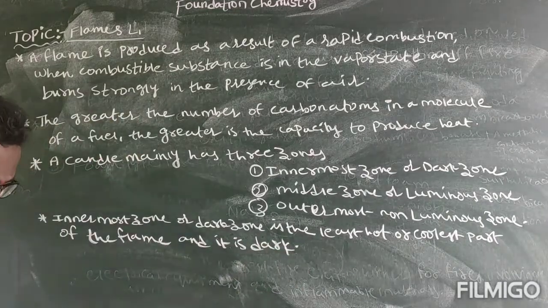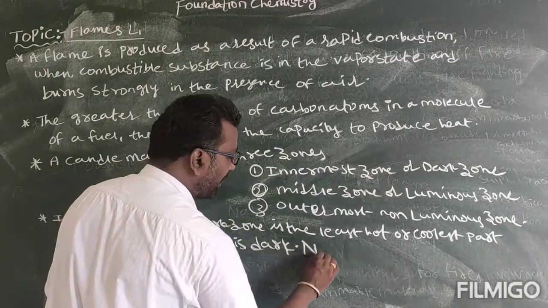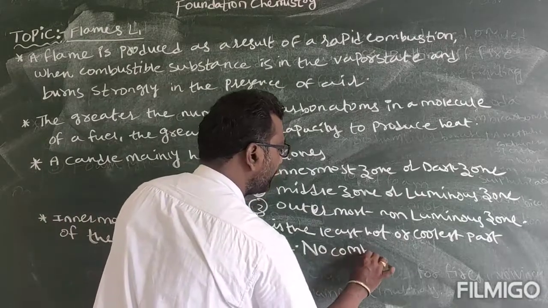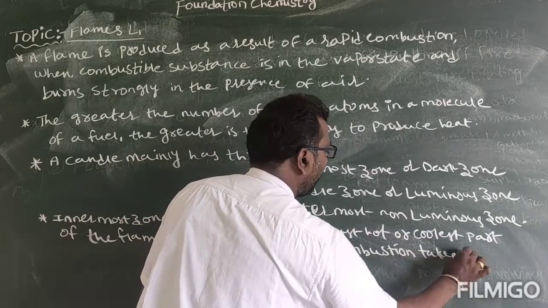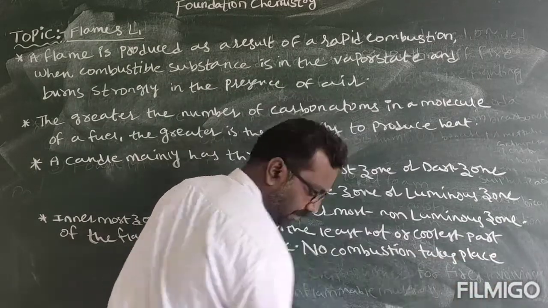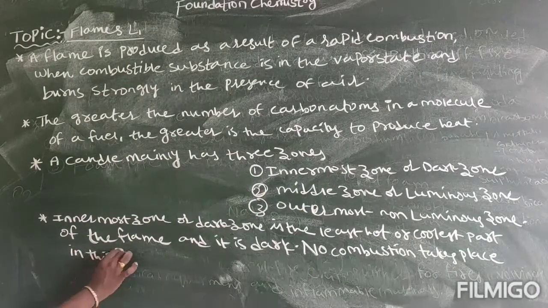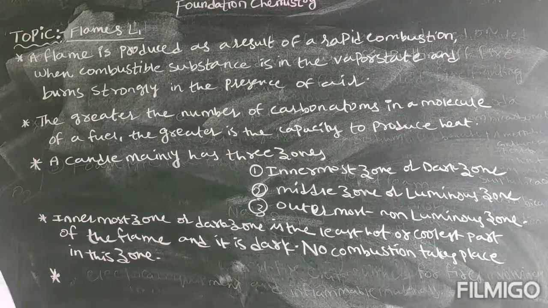So that's why it is called the dark zone, and no combustion takes place in this zone. Okay, so these points are important for competitive exams, Olympiad exams, and all these.